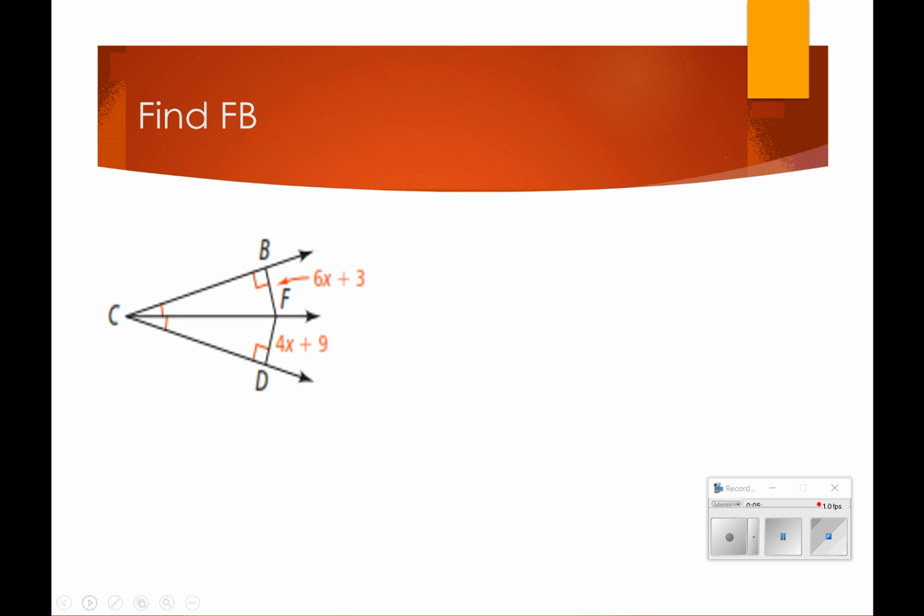So we want to find the measure of FB. So here we go again. I've got an angle. It's bisected by ray CF. And then we've got perpendiculars from that ray to the sides. So we know that BF is equal to FD.